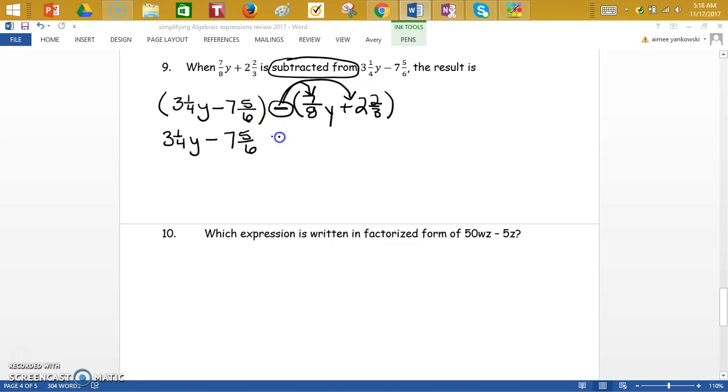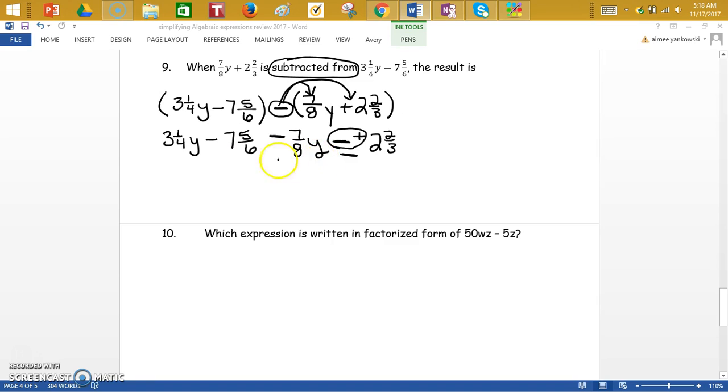Minus 7/8 y, I write as minus 7/8 y. And then we have minus a positive 2 2/3. Well, we know minus a positive becomes minus. So now we have to combine like terms.